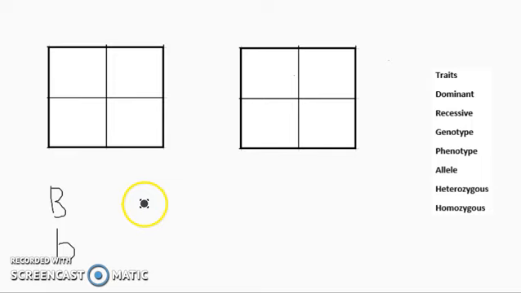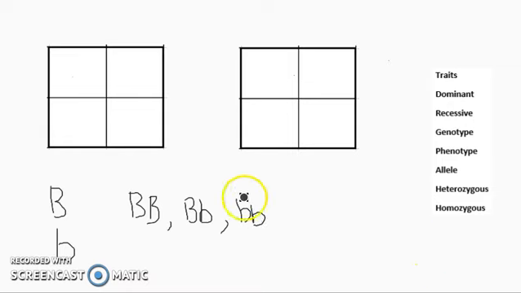So the combination possibilities, and order doesn't matter, are: we have capital B, capital B; capital B, lowercase b; and then we have lowercase b, lowercase b. Those are the only three combinations possible. Like I said, the order doesn't matter. You always put the capital before the lowercase if they're mixed, or heterozygous, like this.